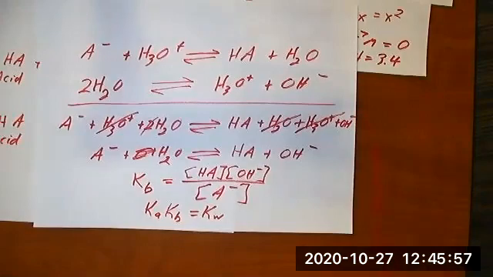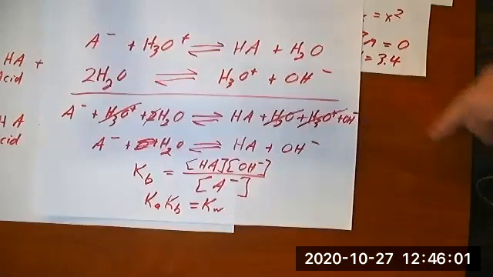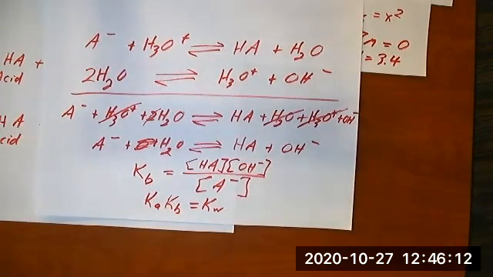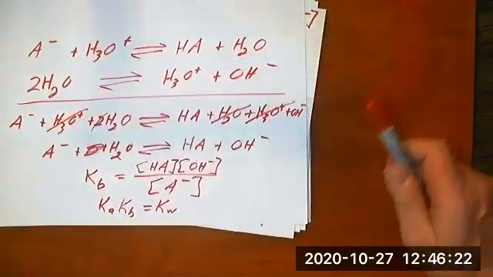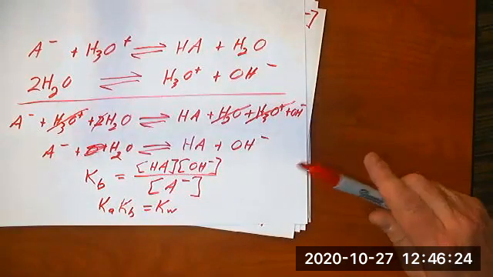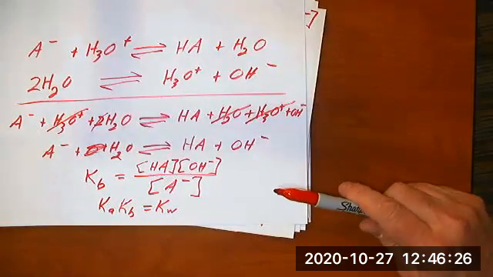Okay, so any questions on the relationship between Ka and Kb and about conjugate acids and bases? Okay. I think that is pretty much all of the content that you need to know for the Newton homework this particular week.